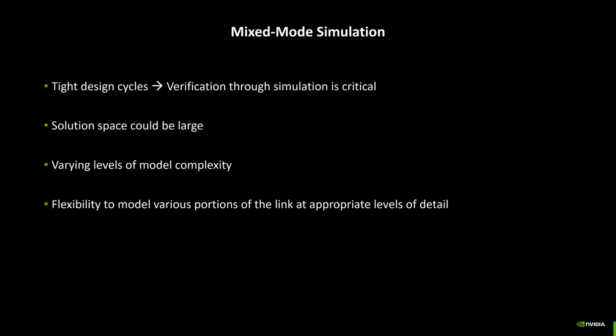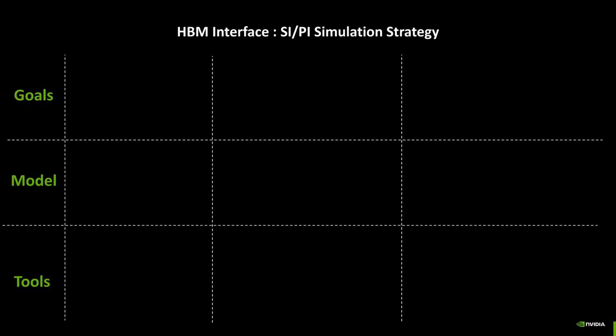As an SI engineer, you want the flexibility to incorporate different models from, say, different vendors, and models with different levels of complexity at different phases of the project. So I think all these are key things that govern your simulation and govern how fast or how slow your simulation progresses. Let me walk through some of the strategies that we use.